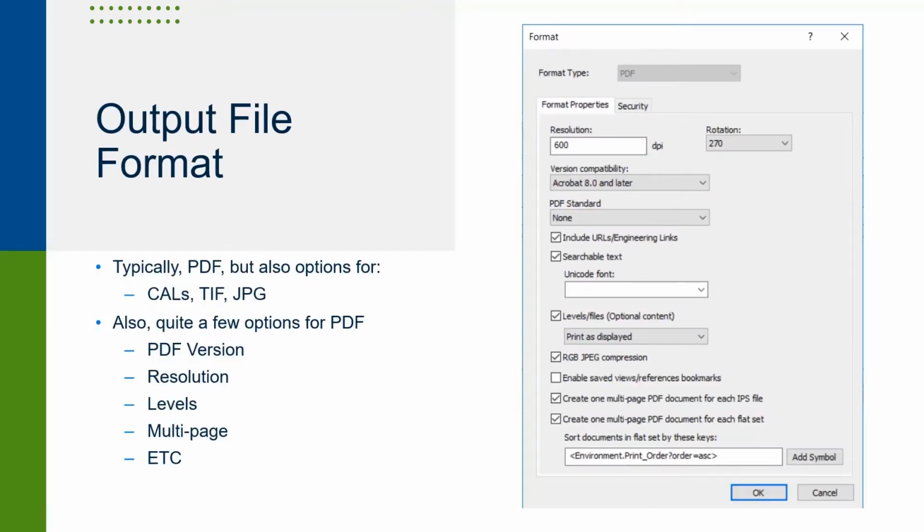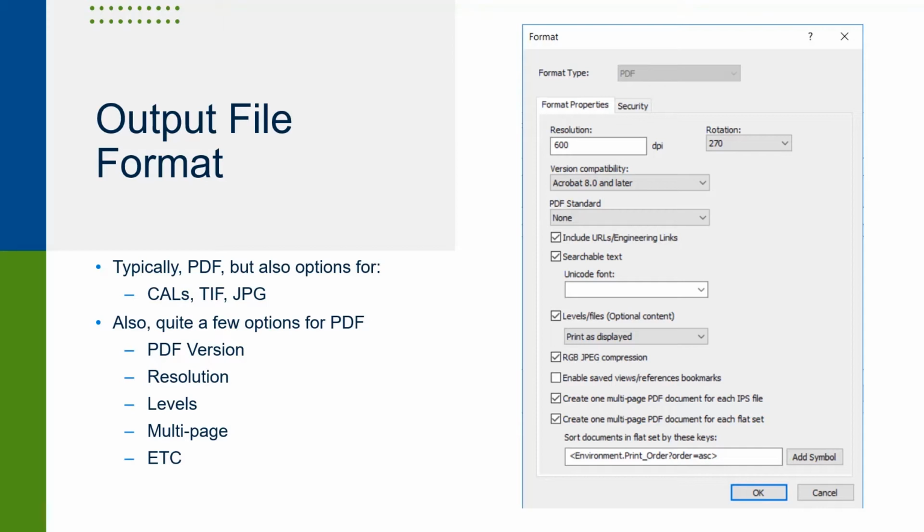When it comes to the file format, it's up to you or the administrators of your organization to determine how rich and how much high fidelity will be included in the PDFs that you generate. Will you be able to turn on engineering links? For example, if there's a hyperlink in the file, will there be a hyperlink in the PDF? Will it be searchable?